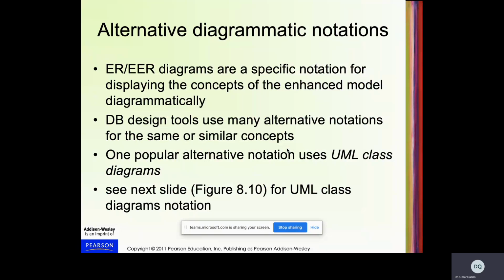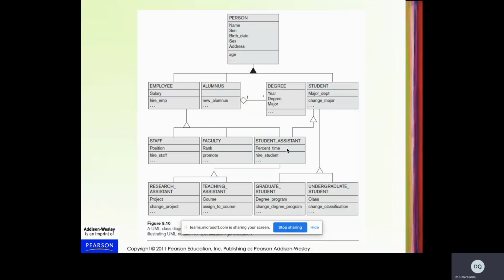Now these can also be alternatively notated using the notations of UML class diagrams, which you have already studied in other courses. If we look at the same ER diagram in the UML class diagram approach, it would be something like this.